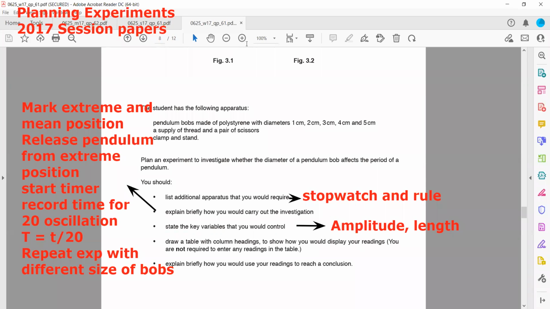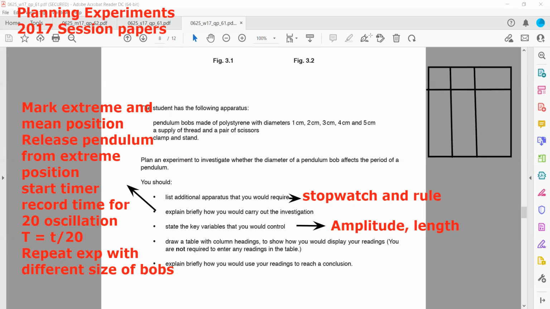Then draw a table with column headings to show how we represent our result. So we'll have the diameter, then the time for 20 oscillations, and then the time period. Because we know we have 1, 2, 3, 4, and 5 centimeters, we write the diameter in centimeters as 1, 2, 3, 4, 5, because 5 different bobs are available.